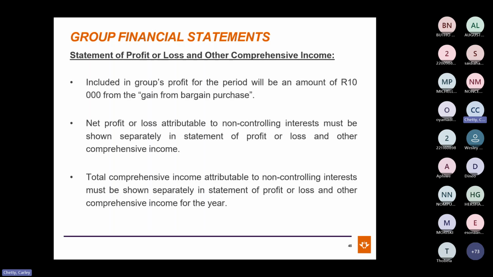So the net profit or loss attributable to the non-controlling interest must be shown separately in the statement of profit or loss and other comprehensive income. The total comprehensive income attributable to the non-controlling interest must be shown separately in the statement of profit or loss and other comprehensive income for the year.